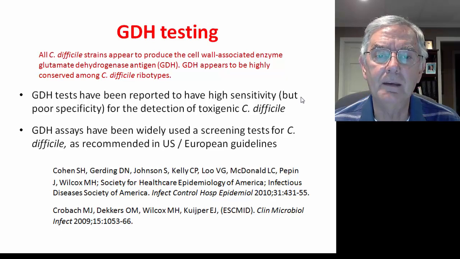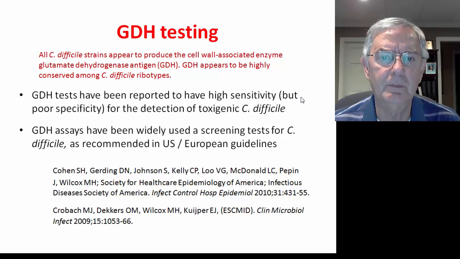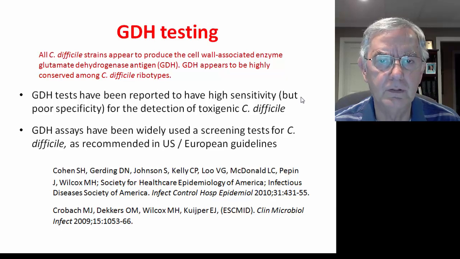And they have been shown to be highly sensitive, but with poor specificity for the detection of toxigenic Clostridium difficile. So the GDH component of these tests has variable results also.